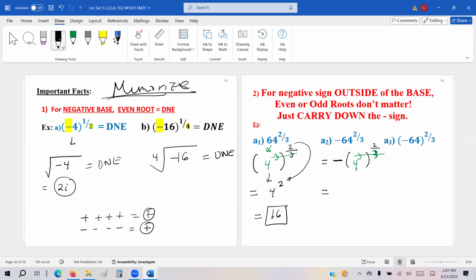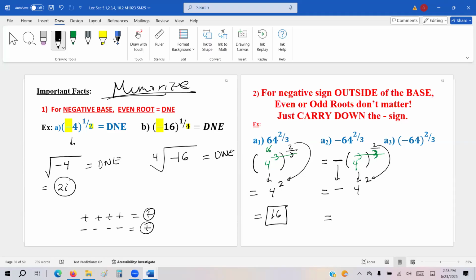Now what do we have? Negative from the outside, 4 from the base, and 2 from the power. So what's the answer? Negative 16 or positive 16?